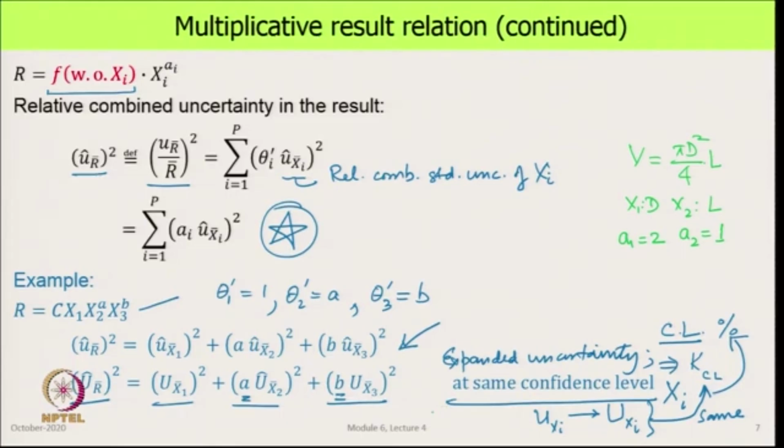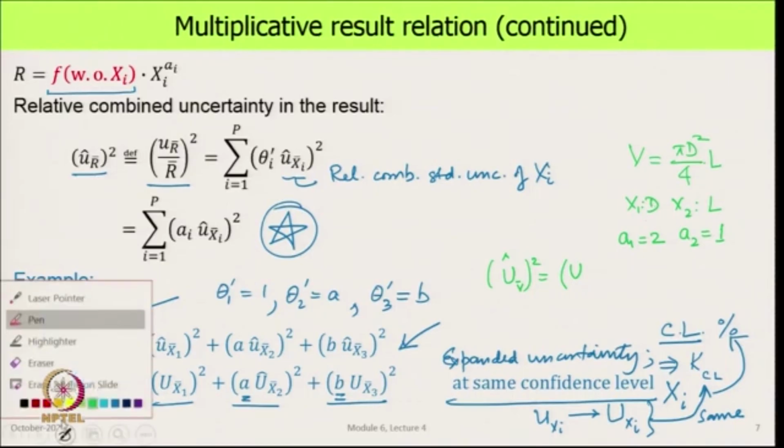And it will tell you, by looking at this, that the relative uncertainty in the volume squared will be the relative uncertainty in x 1, whose exponent is 2.